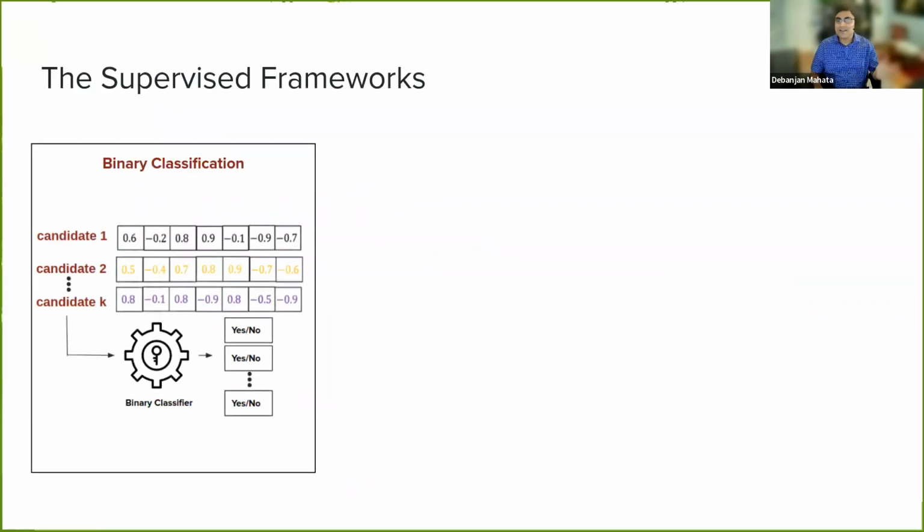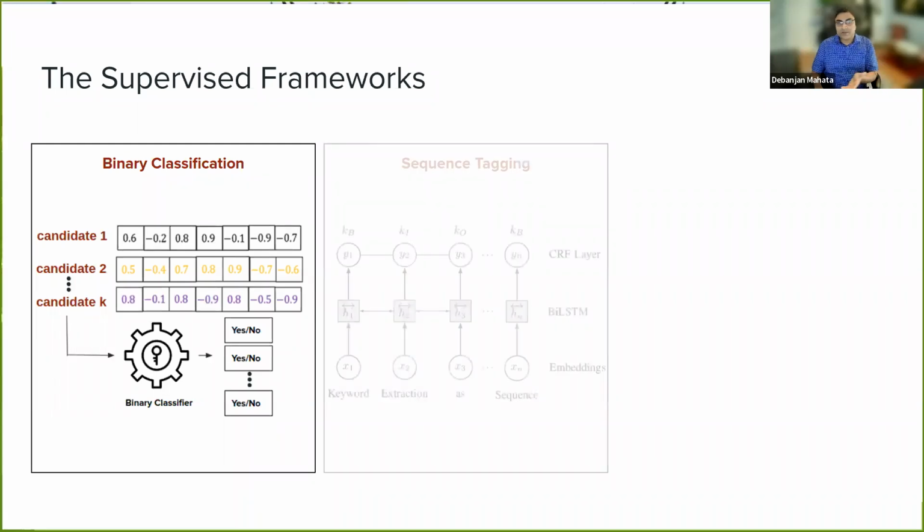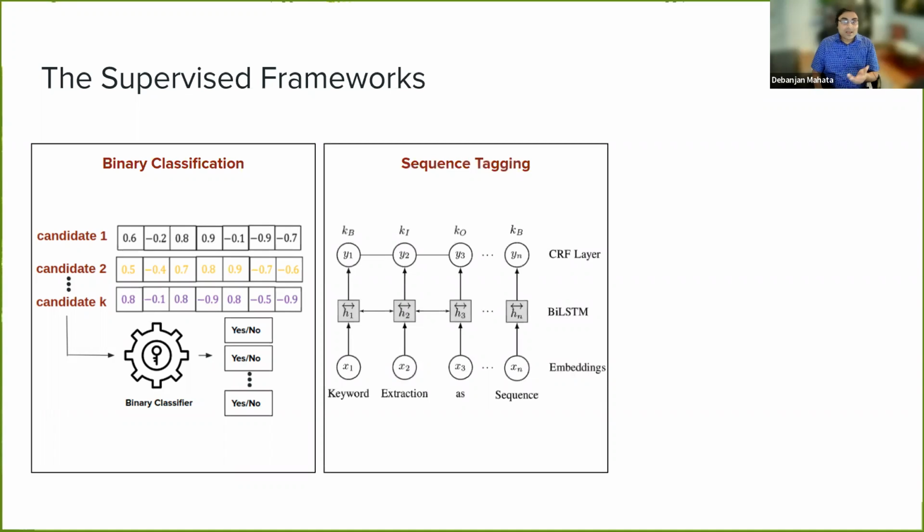And the supervised frameworks can be categorized into three. One is binary classification. You do a lot of feature extraction from the different candidates that you have identified, then pass it through a binary classifier and ask the classifier whether this is a keyphrase or not. Then sequence tagging, which is gaining a lot of popularity these days, and I'm very interested in this particular method.